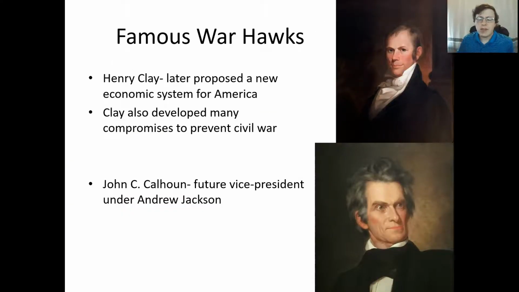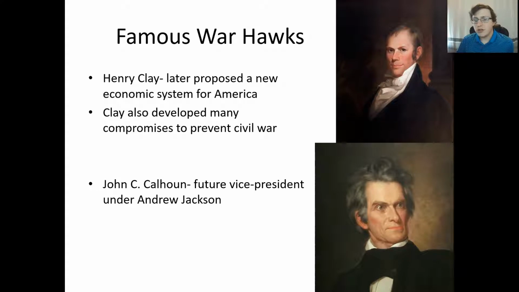There are two famous war hawks that we do want to focus on, because they'll pop up later in the class, some of them several times. Henry Clay is going to end up being the main figure that we need to focus on, because he is going to end up proposing a lot of new things when it comes to the country as we continue.